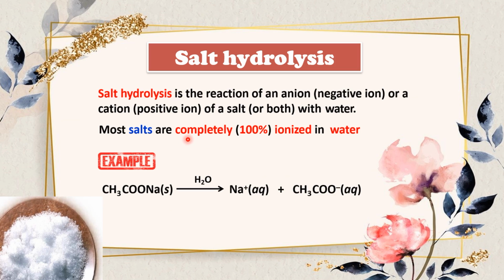Since salts are completely or 100% ionized, you have to use a forward arrow, and the reaction here is an irreversible reaction. And one more thing, remember, salts are in solid phase, and the cation and the anion are in aqueous phase.